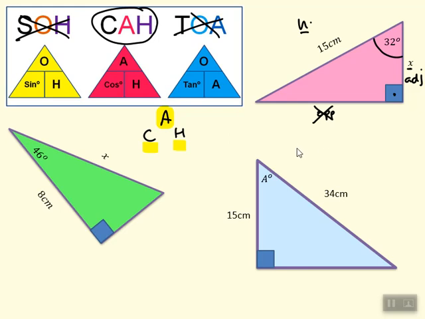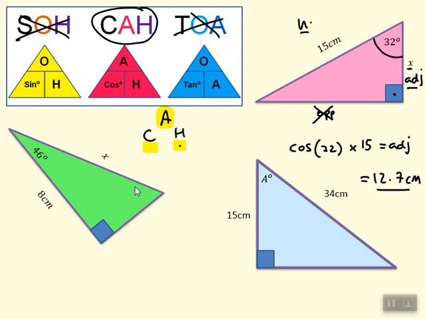So that's cos of open bracket 32 degrees close bracket, remember to do that, multiplied by the hypotenuse, which is 15, and that's going to give us this adjacent side. So cos open bracket 32 close bracket times 15, and that is 12.7 centimeters. That's how long that side is.